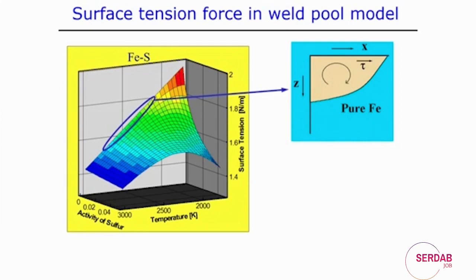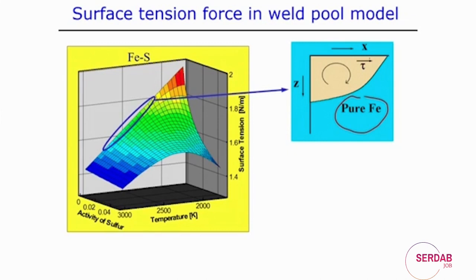In this case we try to represent the nature of the Marangoni convection in the Whirlpool. It is the case of pure iron, that means there is no surface active element. Here z is the depth direction, and on the top surface is the Whirlpool width.